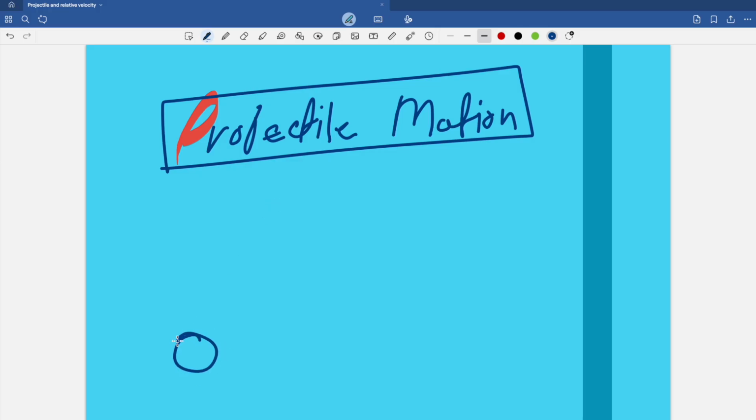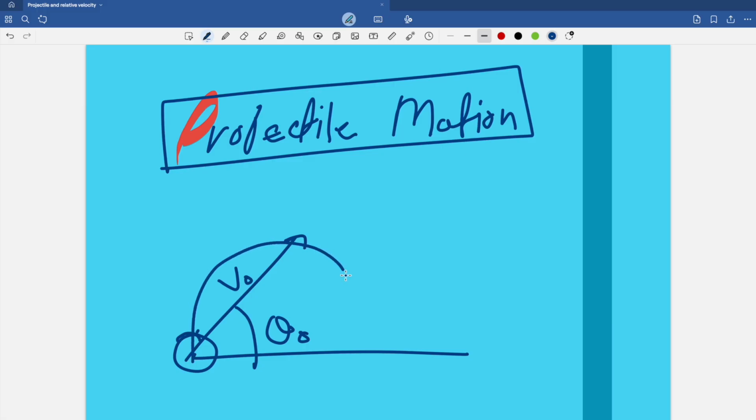If an object is being thrown at v0 velocity along an angle with the horizontal, it will create a sort of curved trajectory, and this motion which is formed is called projectile motion.